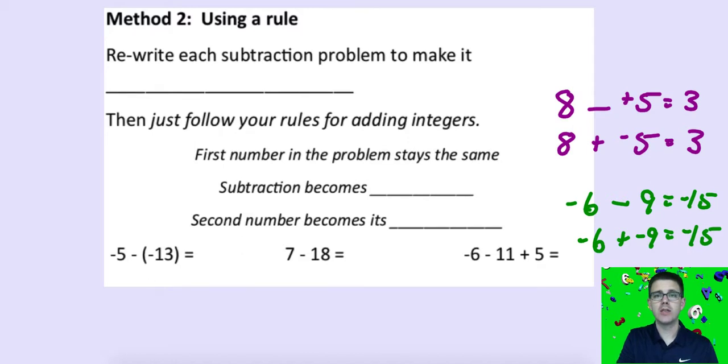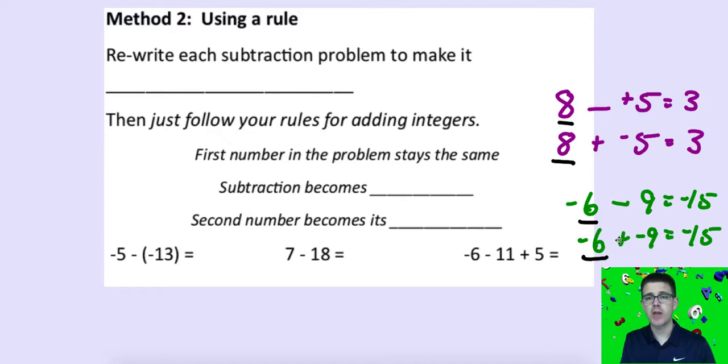So what I want you to notice is, in each case, the first number in my problem stayed the same. But instead of subtracting, I added. But what happened to that second number? So if I switch subtraction to addition, and if I switch the sign on my second number, I get the exact same answer. Here, first number stayed the same.